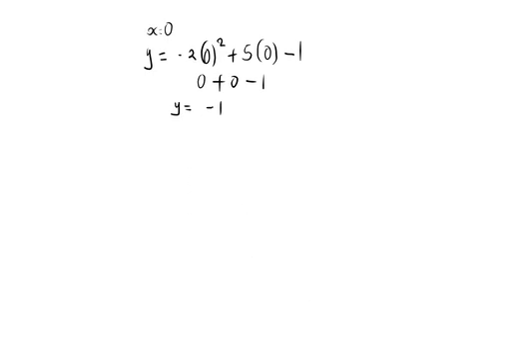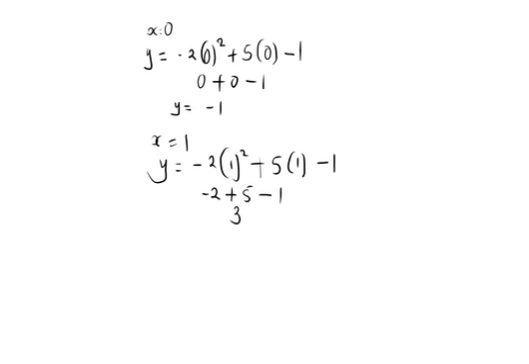Then we get the value of y when x is 1. So we have y equals -2 into 1 squared plus 5 into 1 minus 1. So 1 squared is 1, multiplied by -2 gives us -2, then plus 5, and then minus 1.